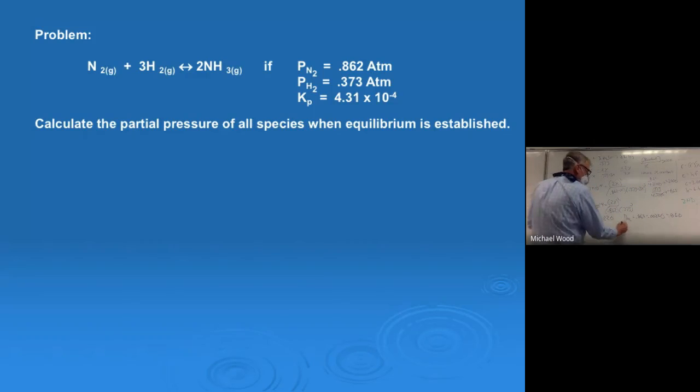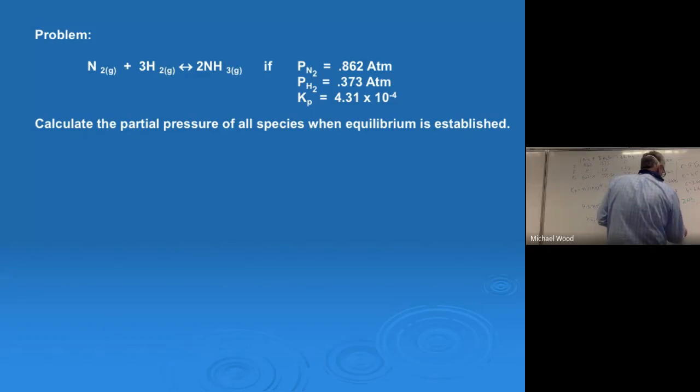Then if I do the pressure of the H2, I have 0.373 minus 3x. So I have 0.373 minus 3 times 0.0022, and I got 0.366.